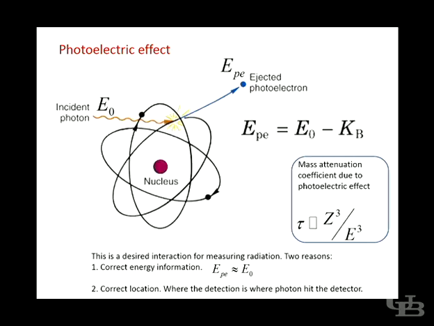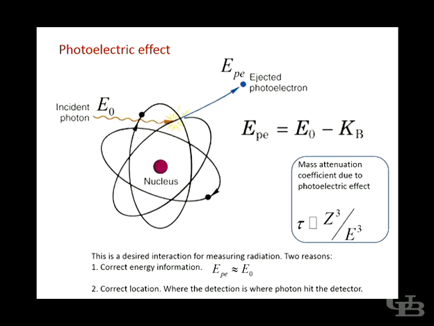And also, when we talk about imaging, our detector or sensor is to detect where the radiation hit the detector. In the photoelectric effect case, wherever this effect happens is where the photon hit.